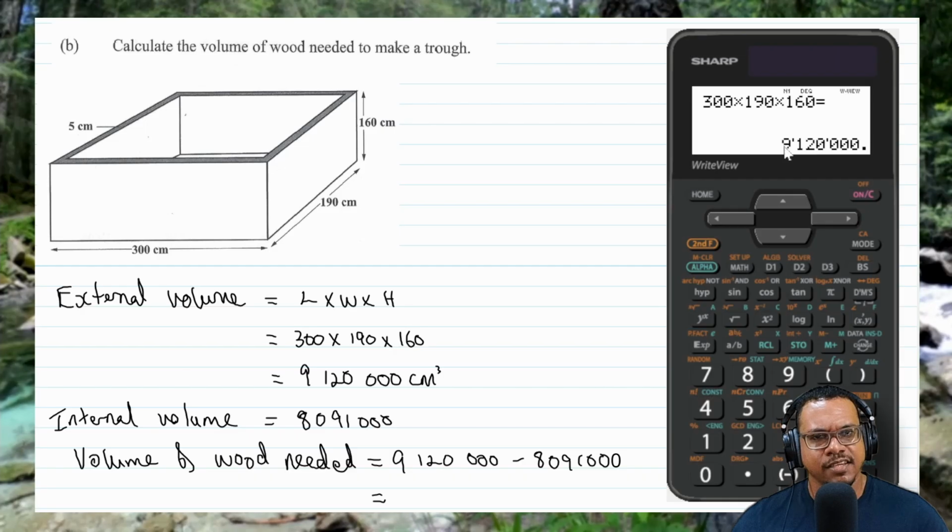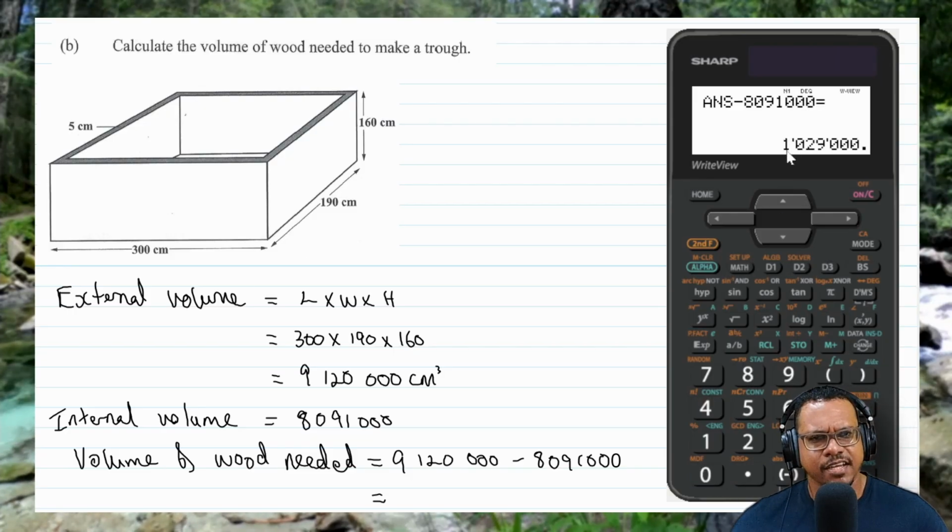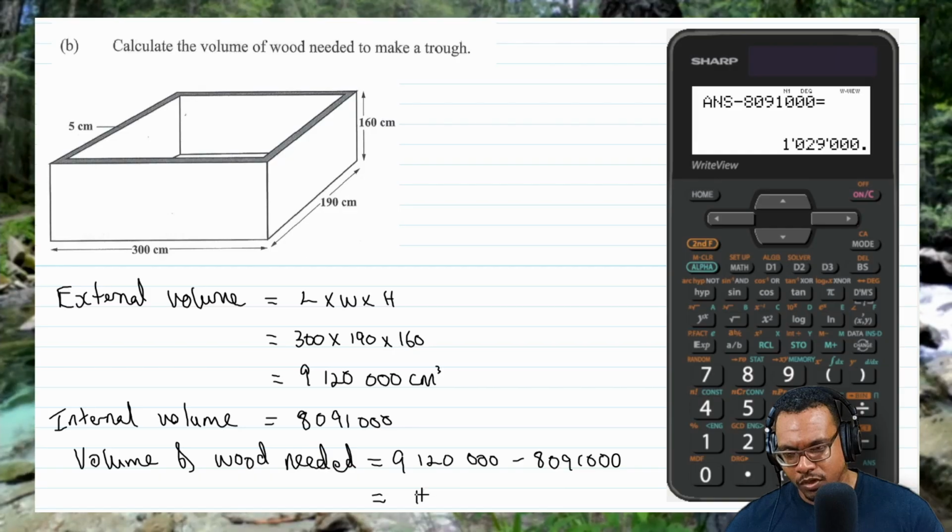Seeing that I have the 9,120,000 already up on the calculator, let's use that and take away the 8,091,000. And I'll get 1,029,000. So that's 1,029,000 centimeters cubed.